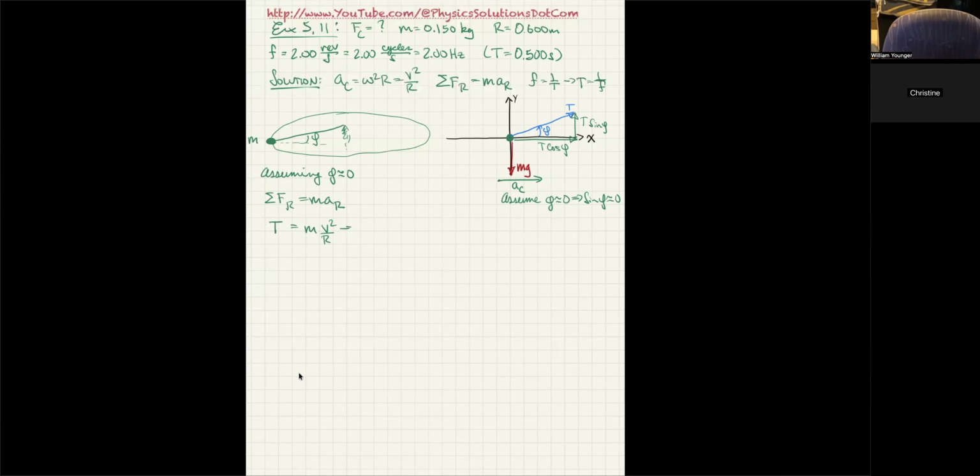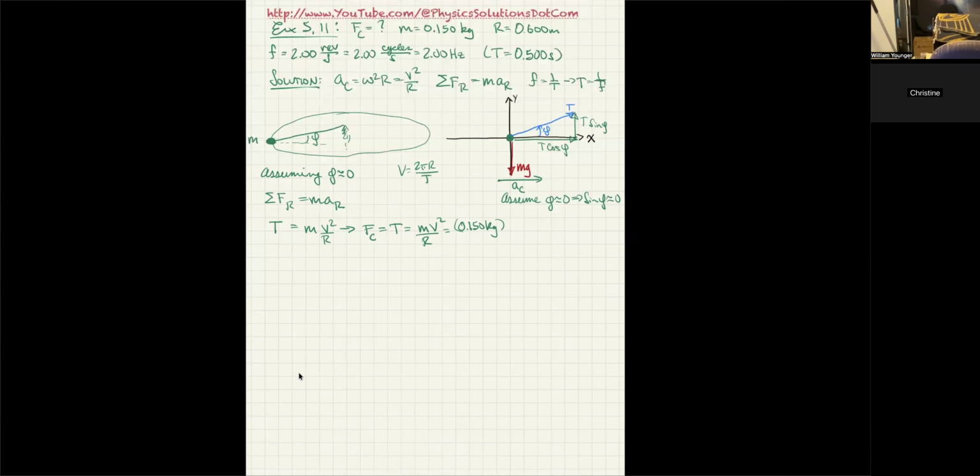So the centripetal force is equal to the tension, which equals m times v squared over r. So I'm going to put in the m, that's 0.150 kilograms. I'm going to put in the v, but of course we've got to work out what the v is. And of course, v is equal to 2 pi r over T, but we also might try omega squared r.